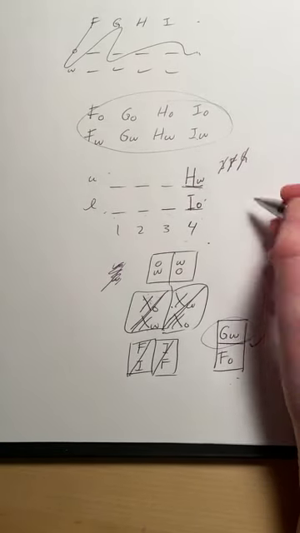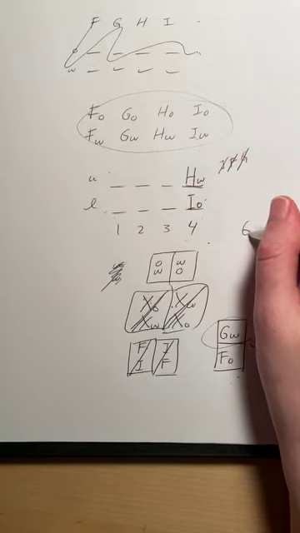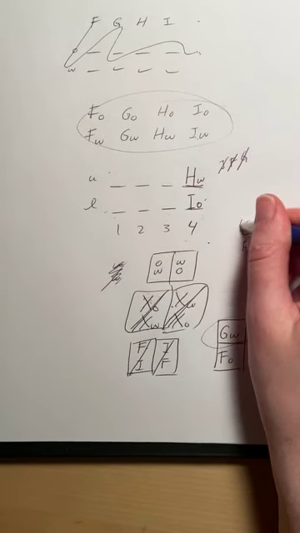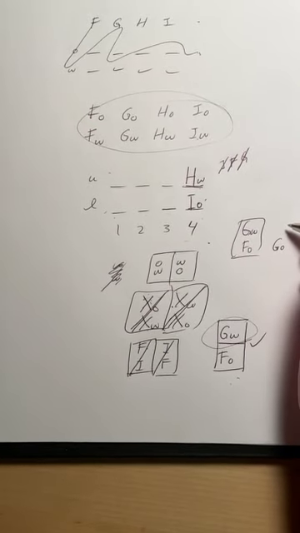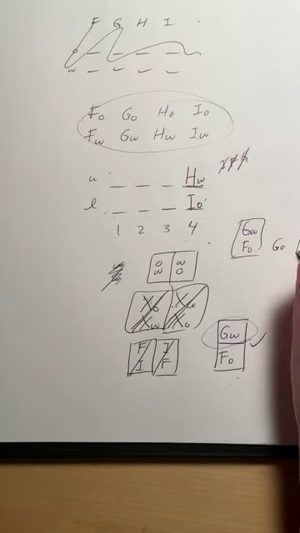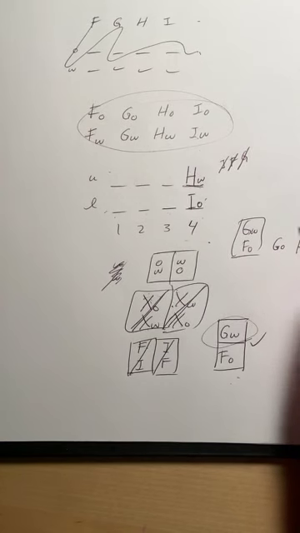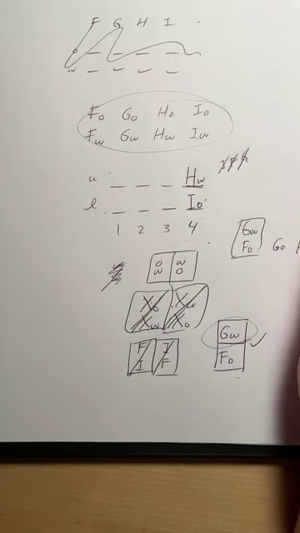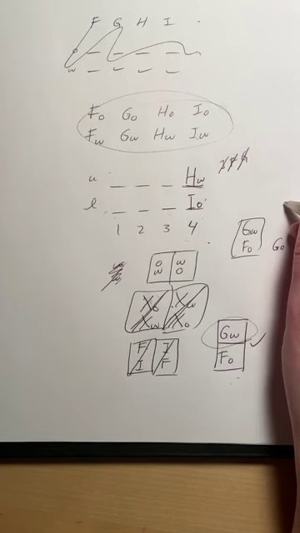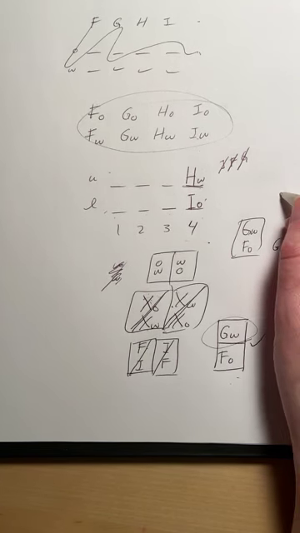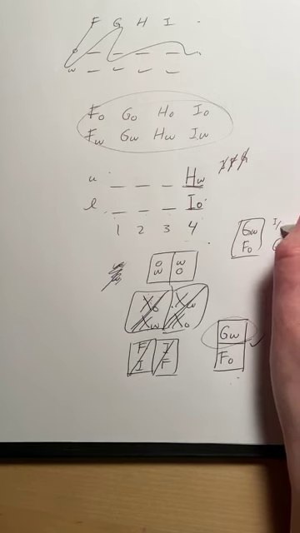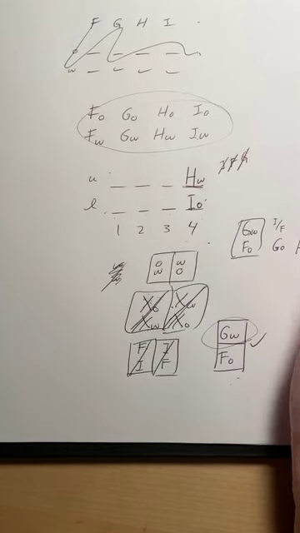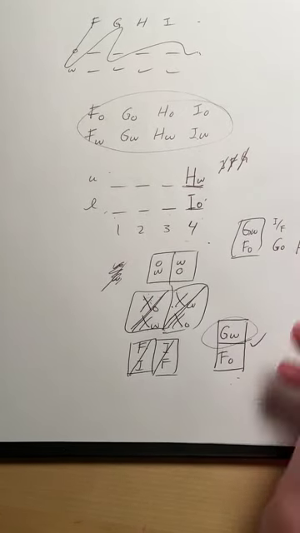As far as the other pairings go, we've got Green's watercolor and Franz's oil. We've got Green's oil and H's oil. And then for watercolors, we have I and F. We don't know which one goes with which here, but those would be the options.